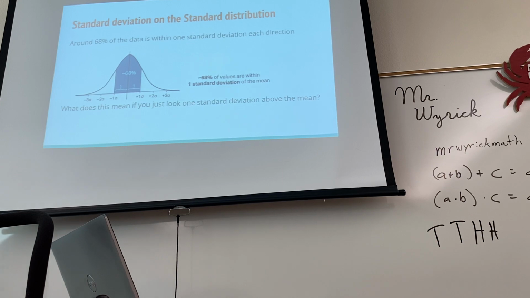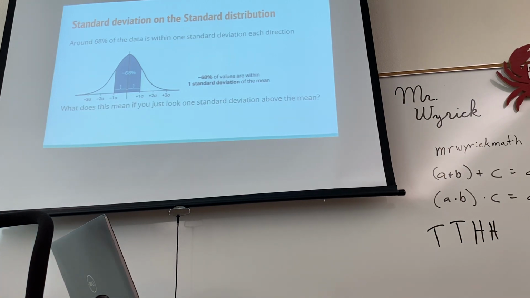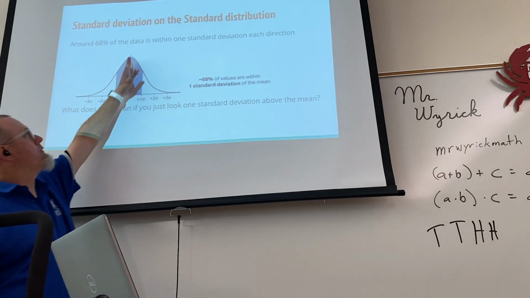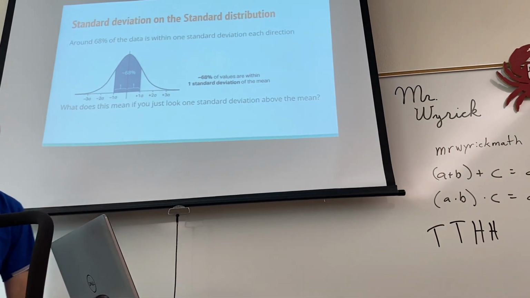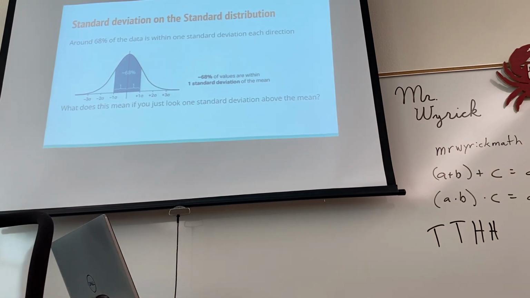The easiest thing for me to think of in this case is usually IQ. I think I may have talked about this to some of the classes the other day. The mean, the average IQ for someone, at least as I understand it, is 100. So that would be right here in the middle. And the standard deviation on IQ points is 15 points.